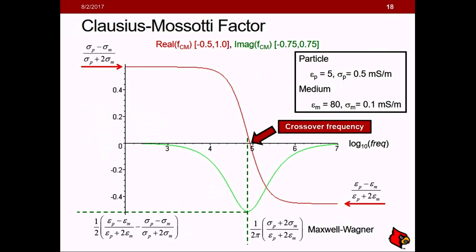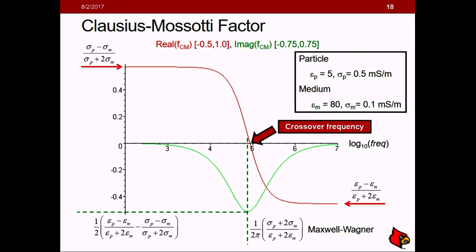So, hypothetical example, say we have a particle in a medium that's provided with these properties. And we'll focus on the red curve. The red curve is the real part of the Clausius-Mossotti factor. The imaginary part is also shown, but that is used for out-of-phase components.